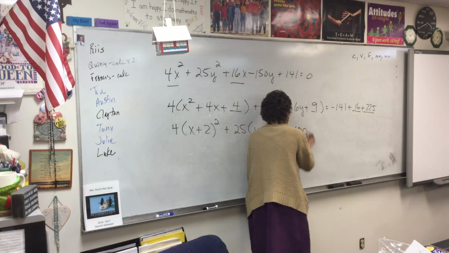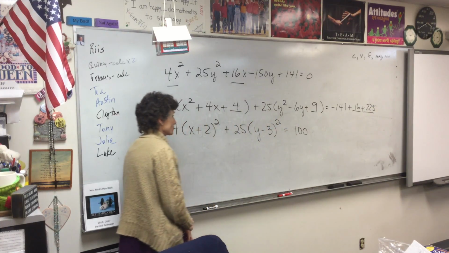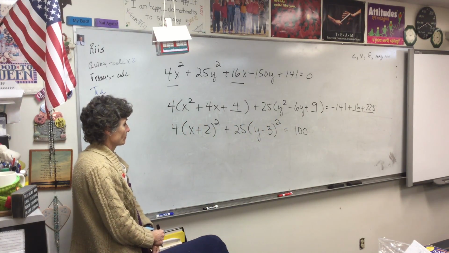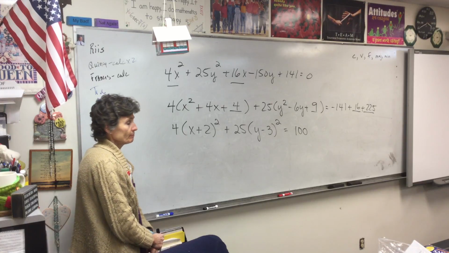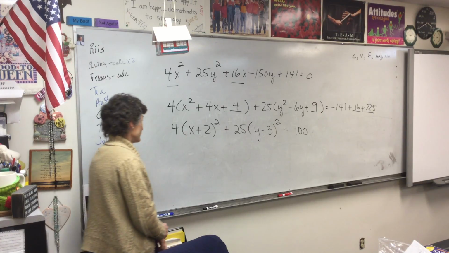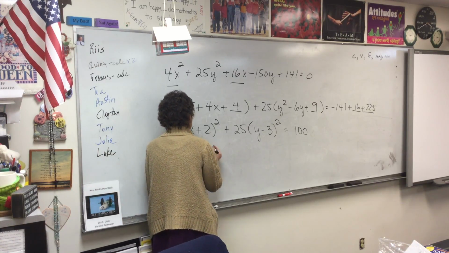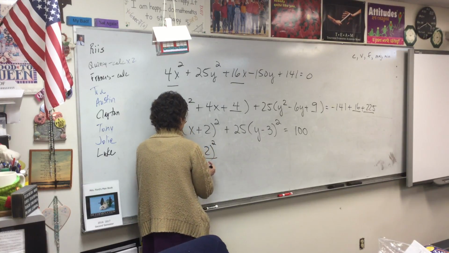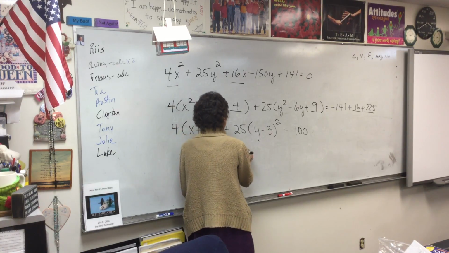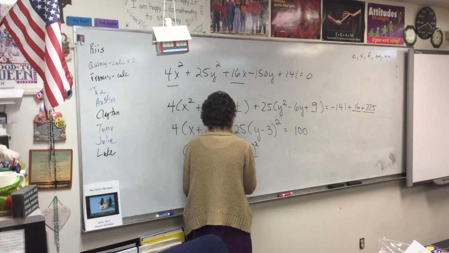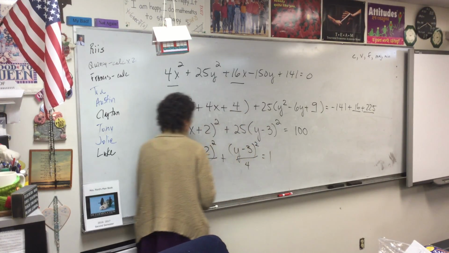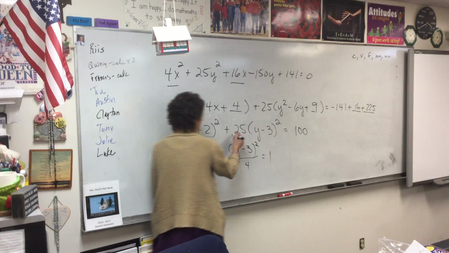Yeah. So we're almost done. Now we're going to divide. So we have x plus 2 squared over 25, plus y minus 3 squared over 4 equal to 1, because we divided everything by 100.